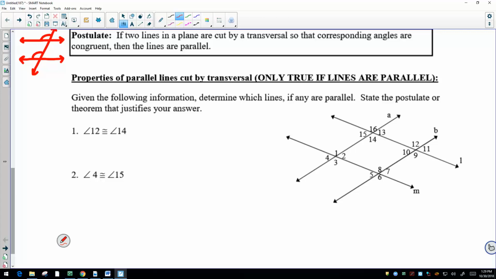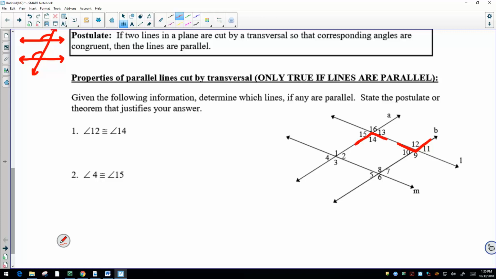So we have the following angles, and it says, given the following information, we have to figure out which lines, if any, are parallel. Okay, so I'm going to take a look at angle 12, and I'm going to trace out angle 12. So angle 12 is right here, and I can see when I trace that angle, I'm highlighting 2 lines, line L and line B. And then I'm going to look at angle 14 and do the same thing.